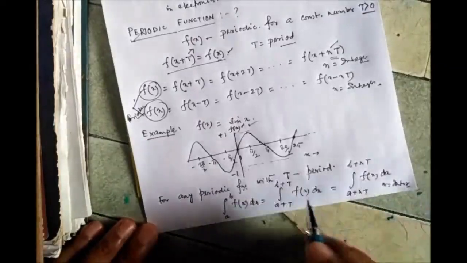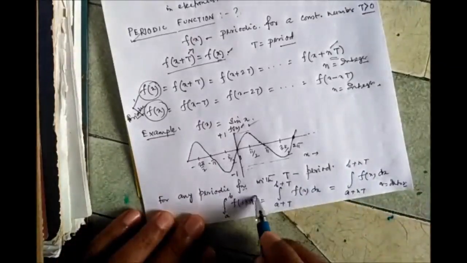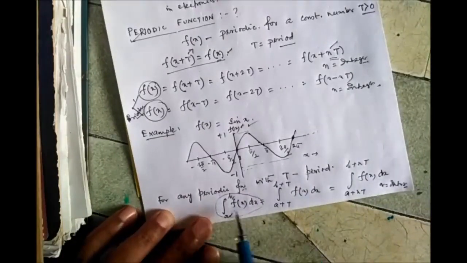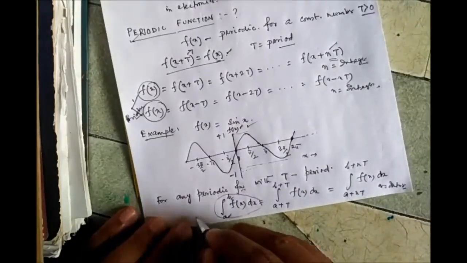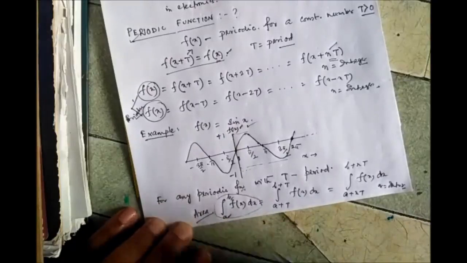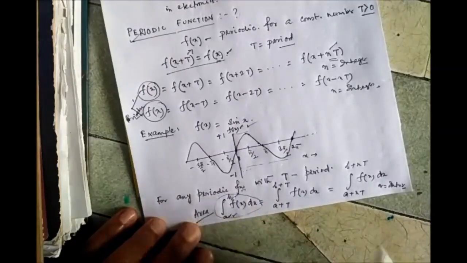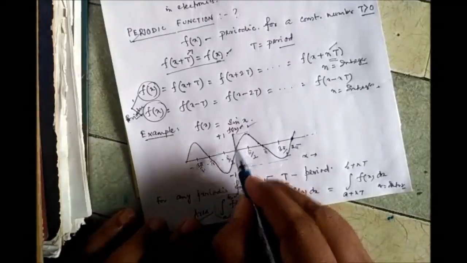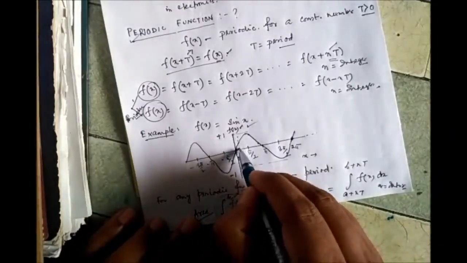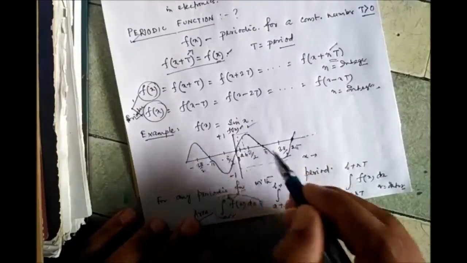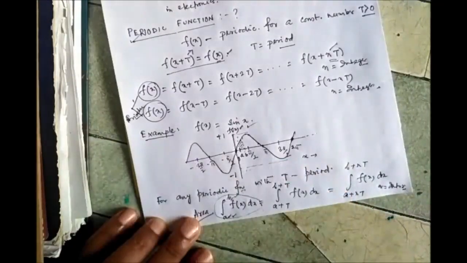Now what does it mean? This integration of f(x) dx from a to b represents the area under the curve between two points a to b. Let us consider this curve. I choose this point as a and this point as b. So this is the area under the curve.